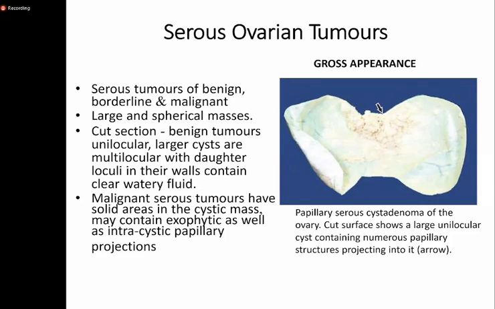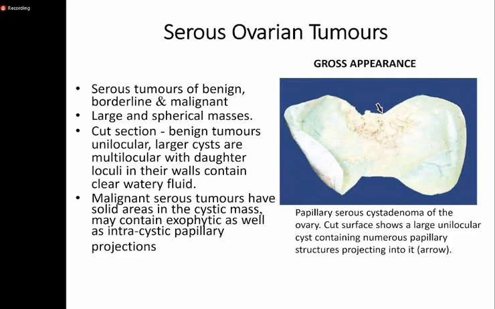They tend to be large tumors, spherical masses, and on cut surface the benign tumors tend to just be unilocular. Larger ones may be multilocular with daughter loculi in their walls, which contain clear watery fluid, and that's why we call them serous, clear, because they contain clear watery fluid.